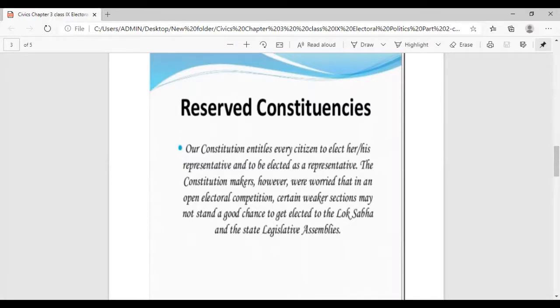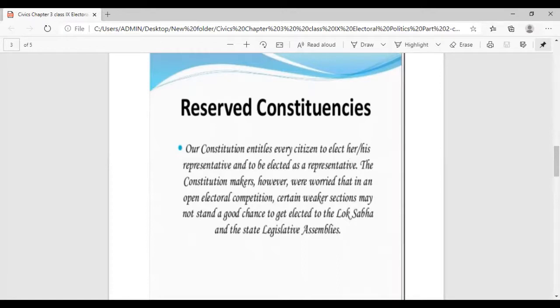So reservations exist for the lower sections at similar percentages at the central levels, state levels, municipality levels, as well as the panchayat levels. Similarly, 1/3 of the seats are reserved for women in rural and urban local bodies.